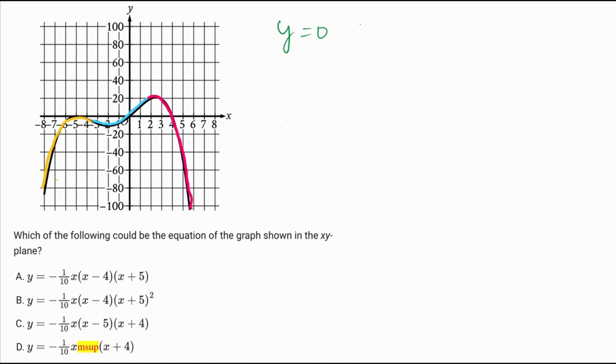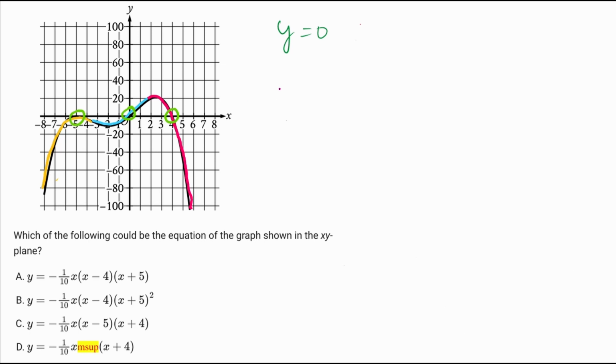So I can easily identify my roots here. One such root is x equal to 4 and x equal to 0. And here, since it does not pass through the coordinate, this is called a repeated root. So I'll have minus 5 twice.